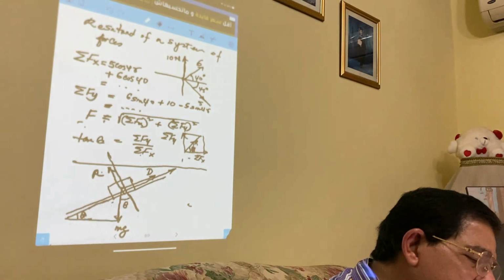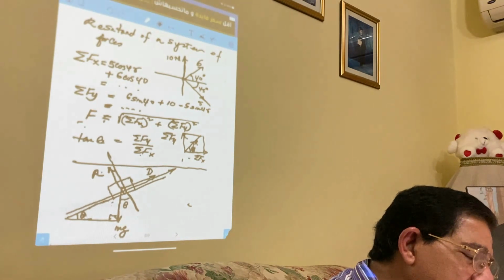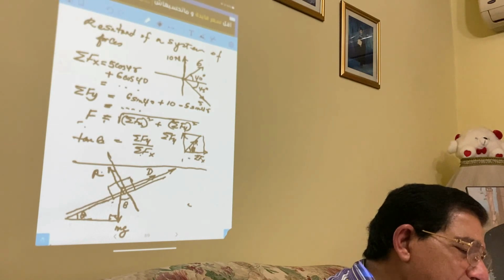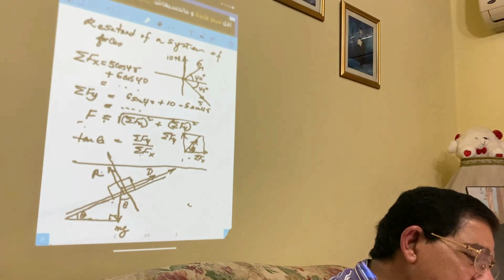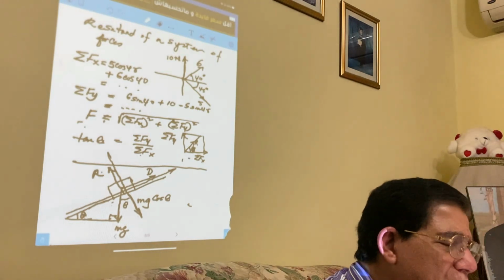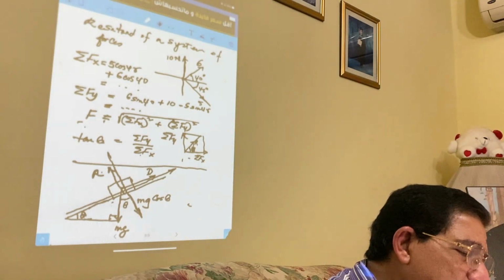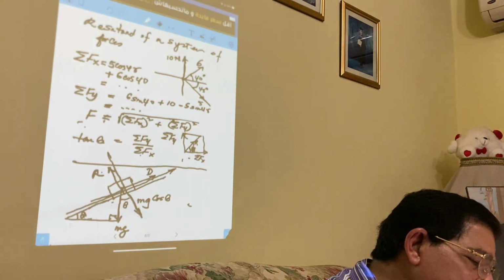Therefore, these two angles are complements of the same angle, so they are equal. When we resolve the weight, this component is mg cosine theta, because the angle theta is with the y-axis, and the y component is the cosine. And this component is mg sine theta.